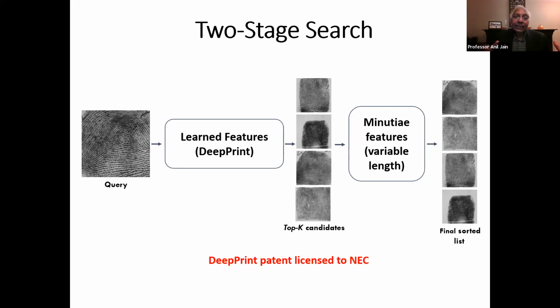In order for this to work, the learned features, which our system is called deep print, have to be extremely accurate, almost with the same accuracy as the minutiae-based features. And this is exactly what we have. Our deep print features are almost as accurate as the minutiae-based features, but they are extremely fast. So we are combining the strengths of the two representations to achieve a significantly better result.